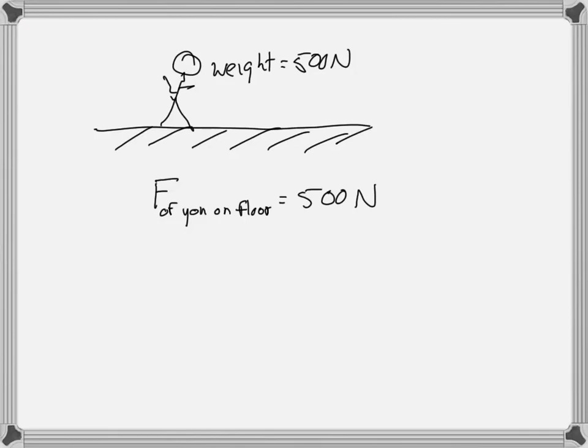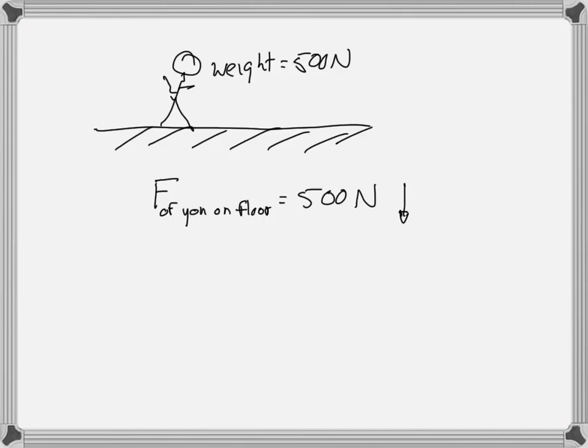So the force of you on floor is equal to 500 newtons. Now, there's an additional thing to bring in here, which is why is the force of you on the floor equal to 500 newtons? And it is in the downward direction. You might say, because my weight's 500 newtons. But no, that's not true. It is partly because your weight is 500 newtons, but it is because you are not accelerating.